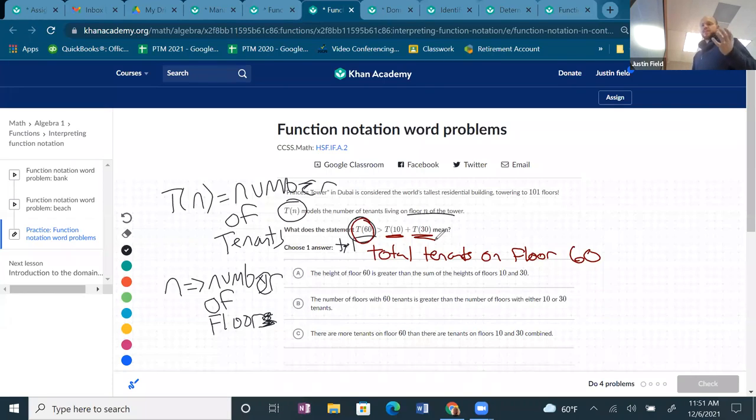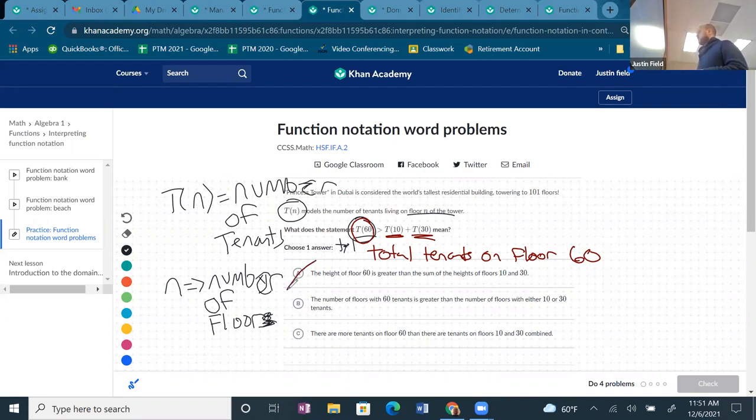And so what is T of 10 and T of 30? Those are the total tenants on floor 10 and floor 30. And what is it saying? When we add the tenants from floor 10 and 30 together, it's still less than the number on floor 60. I wonder what's happening on floor 60 that everyone wants to live there. Are we talking about height?